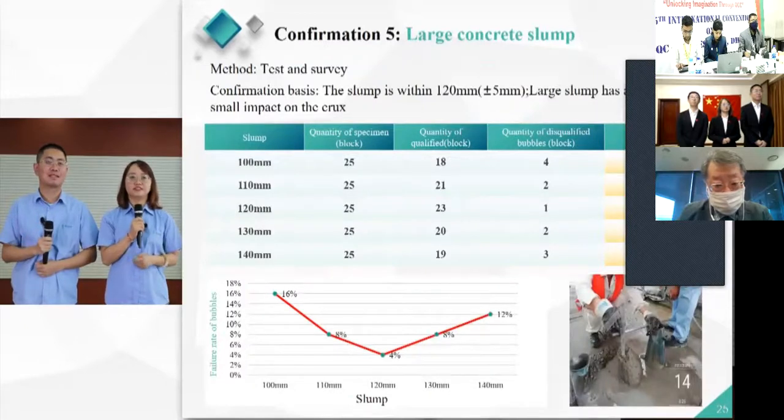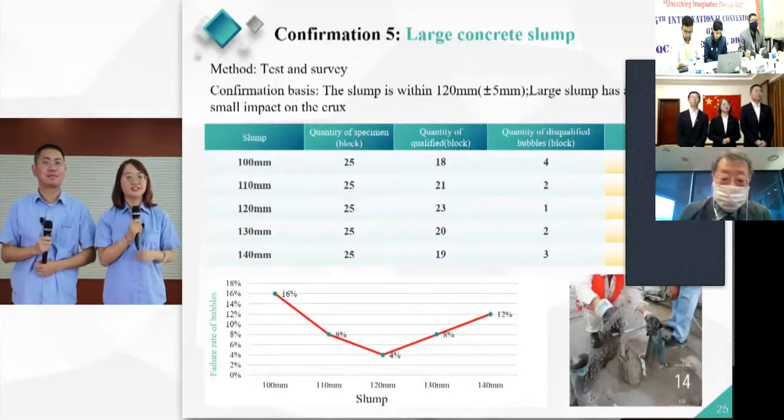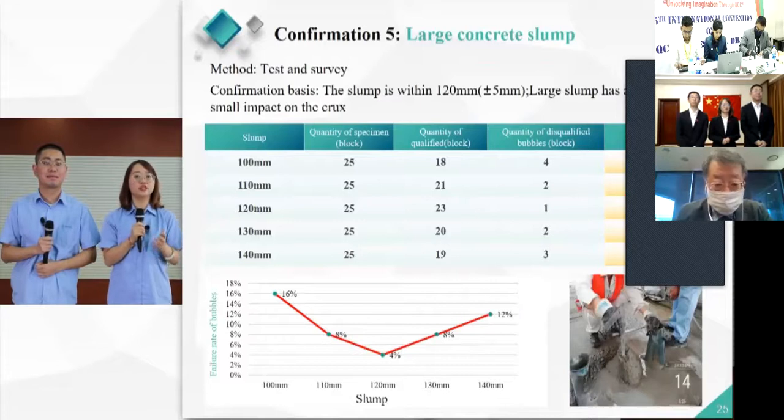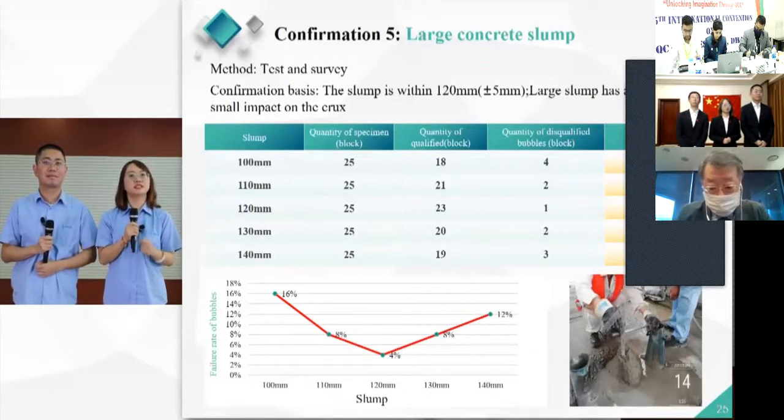Terminal factor 5, large concrete slump. The design slump value of concrete is 120 millimeters, plus or minus 20 millimeters. We confirmed that the concrete slump was about 140 millimeters through field survey, reaching the maximum limited value.